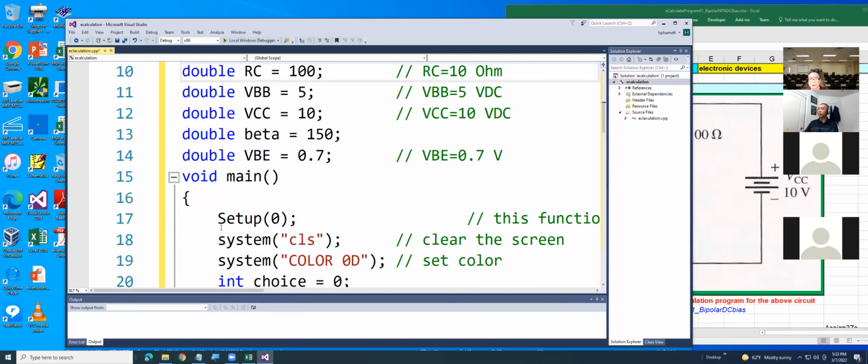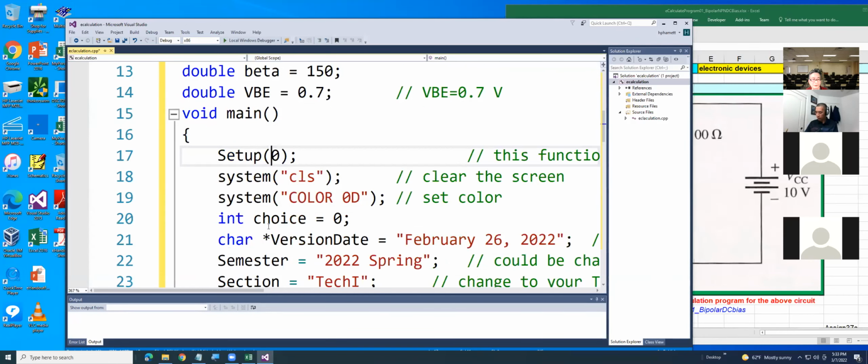On the thing here, you just leave it that way. Setup system makes the color. Integer you cannot change. However, version date you will be changing.